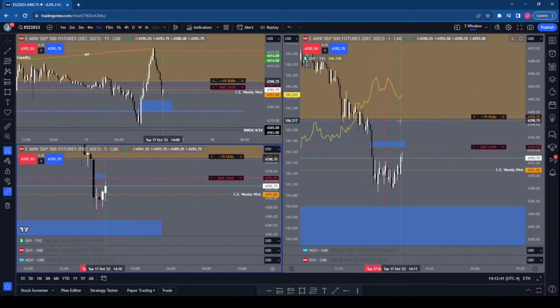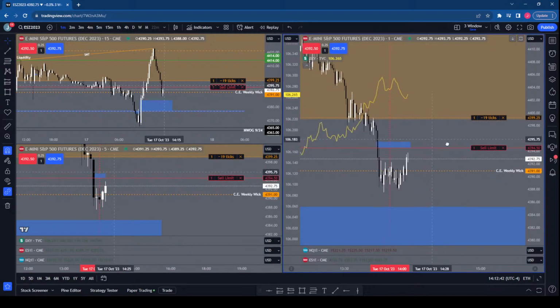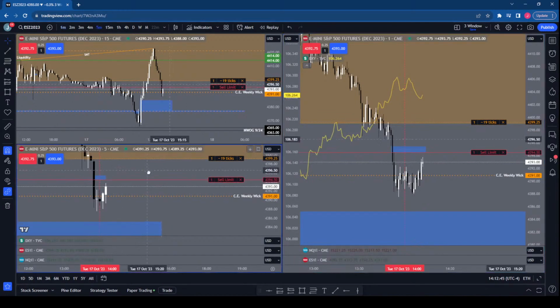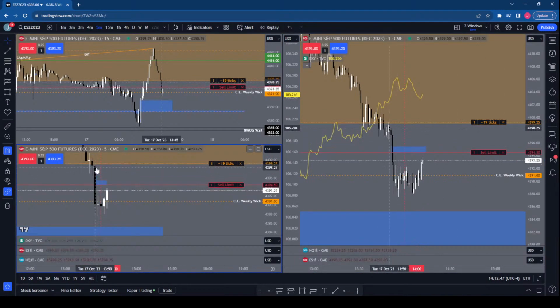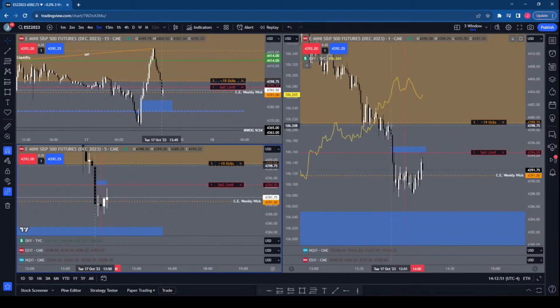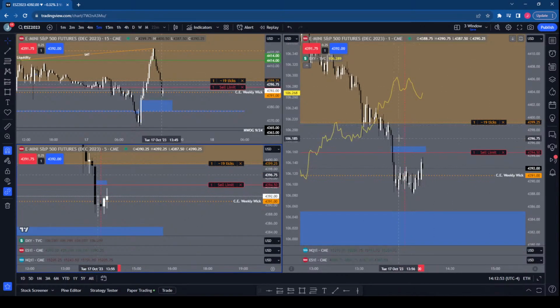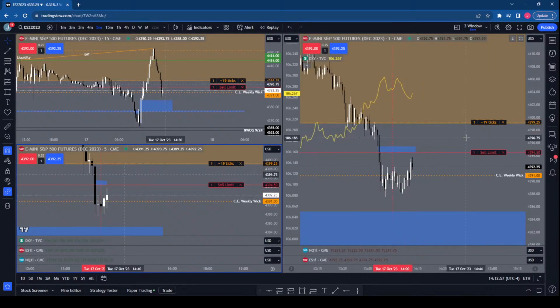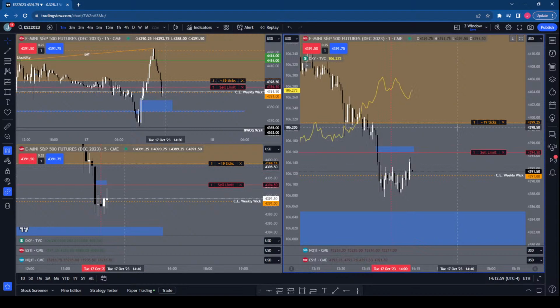I like the stop here because it's also the top candle of this 5-minute fair value gap. It's above these up close candles on the 1 minute. It's not too deep. It's not a huge fair value gap.